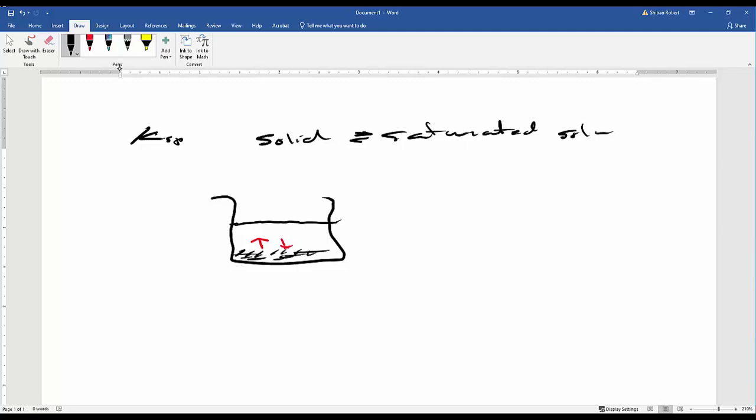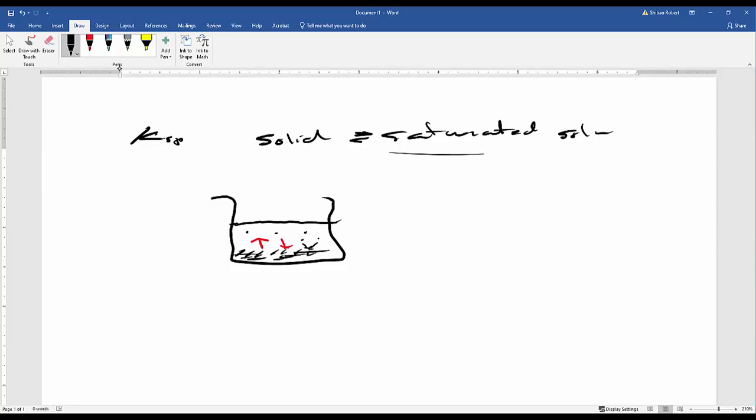Particles in the solution can collide with the crystals and recrystallize or precipitate. When we have a saturated solution, that means the dissolution rate, the dissolving of the crystals, is equal to the crystallization or precipitation rate.